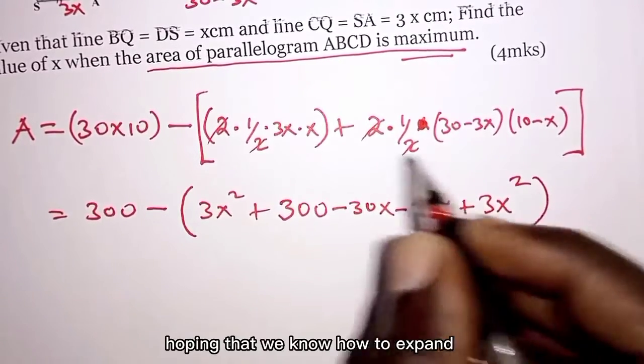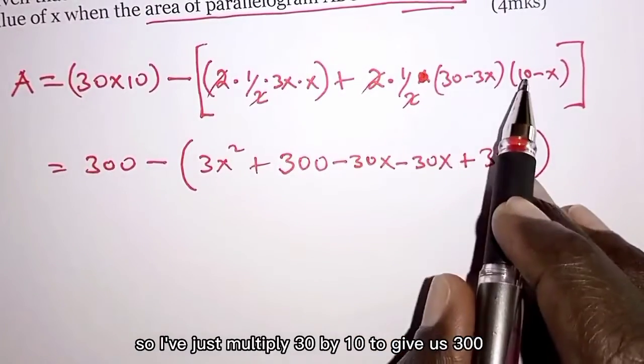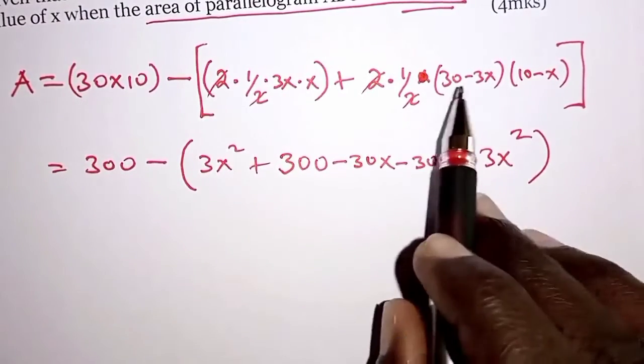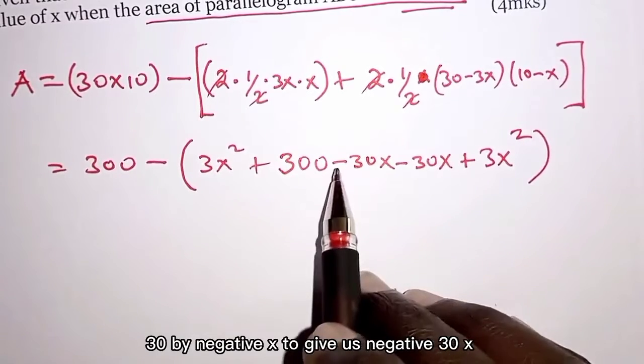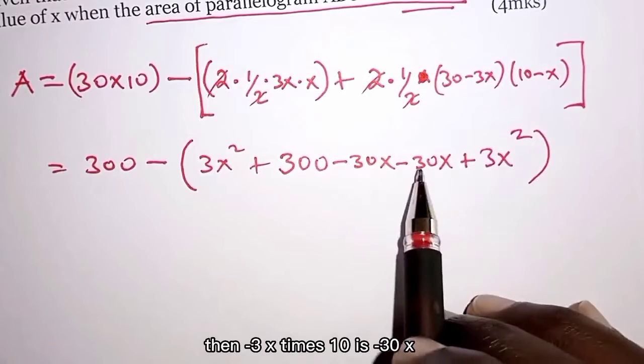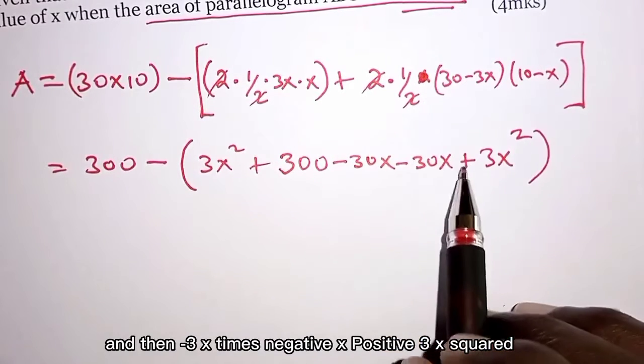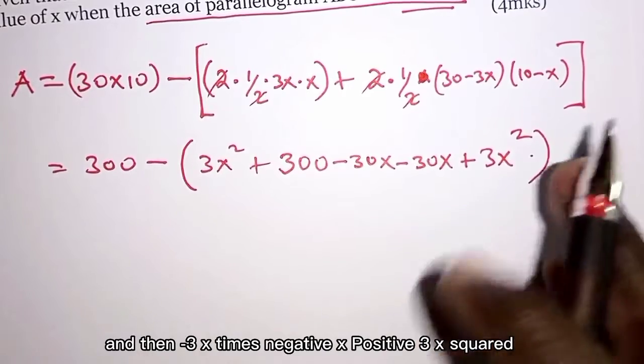Hoping that we know how to expand. So I've just multiplied 30 by 10 to give us 300, 30 by negative x to give us negative 30x. Then negative 3x times 10 is negative 30x, and then negative 3x times negative x, positive 3x squared.